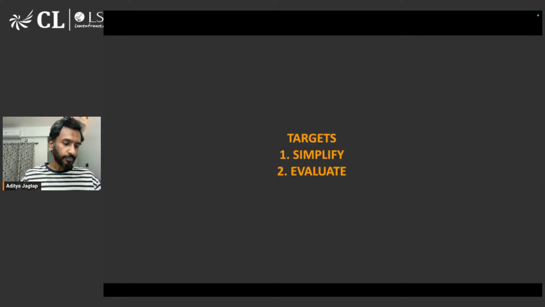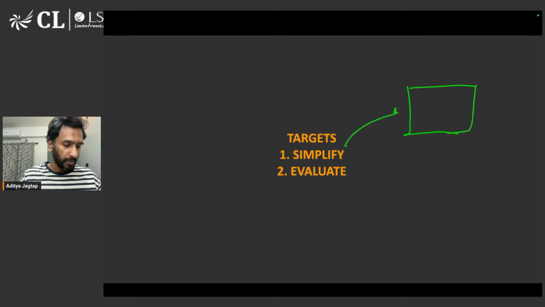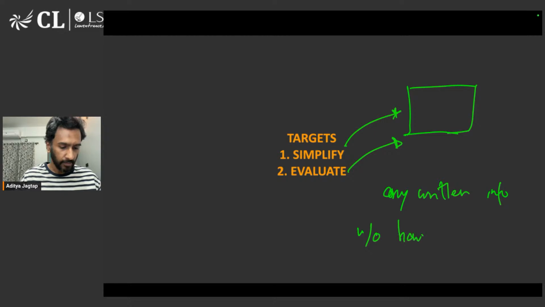Okay. We know that throughout my CAT classes also, I've discussed this idea. We are expected to have the ability to simplify and evaluate any written information without having prior context.